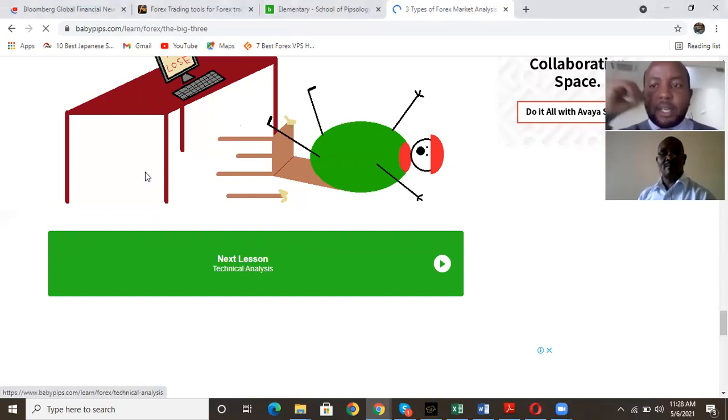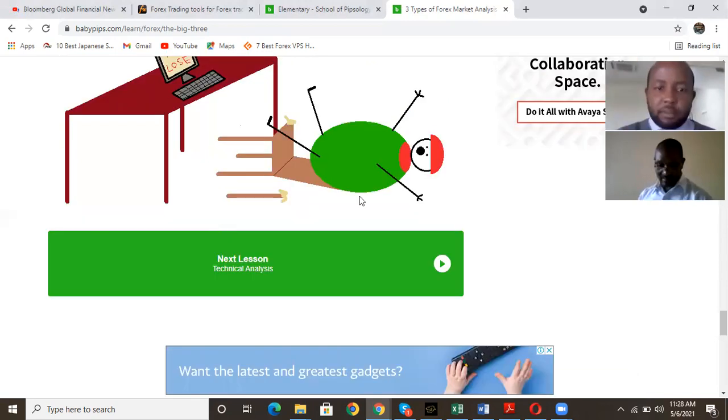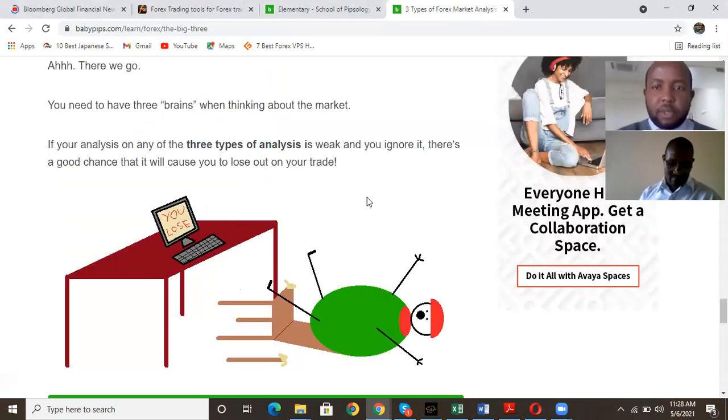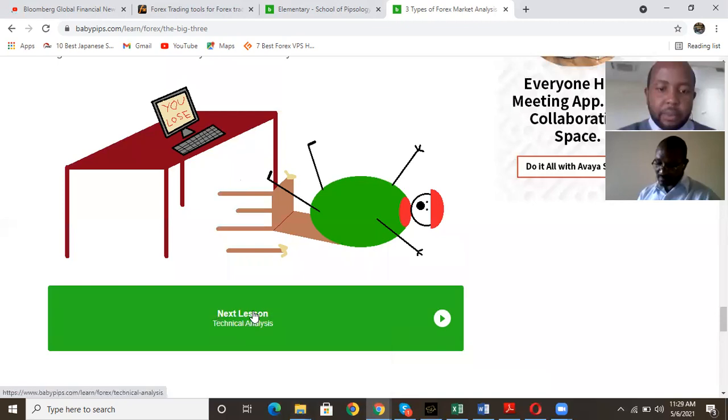So a minute. My internet is a bit slow, guys, but I'm working on it. I think it's the weather, but it's fine. So on technical analysis, what are we looking at? Let's see what we are looking at. So technical analysis is more of technical.